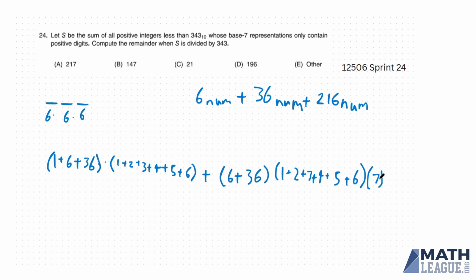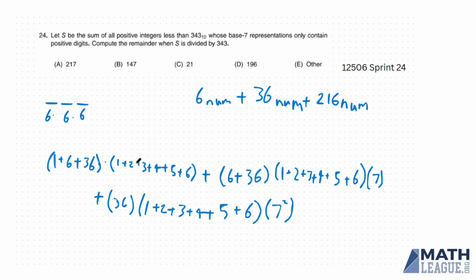And then finally, only this case has a third leftmost digit, so we can write part of the sum as plus 36 times (1 plus 2 plus 3 plus 4 plus 5 plus 6) times 7 squared.